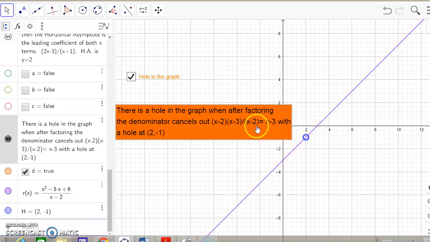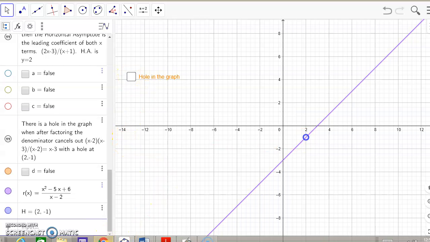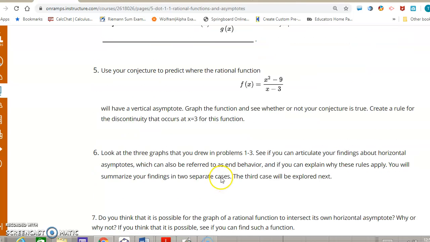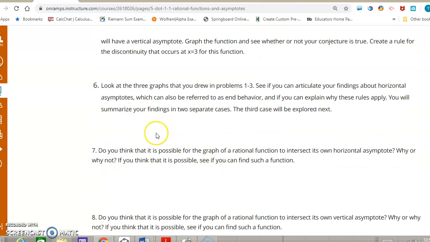But because this function did have an x minus 2 in the denominator, at 2, we still can't plug in a 2 into this equation. So at 2, there is a hole in the graph. And if you look in the table, if you are graphing this online, you'll see that at 2, the equation is undefined.